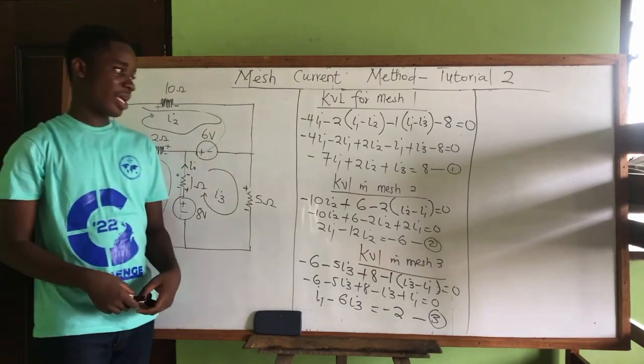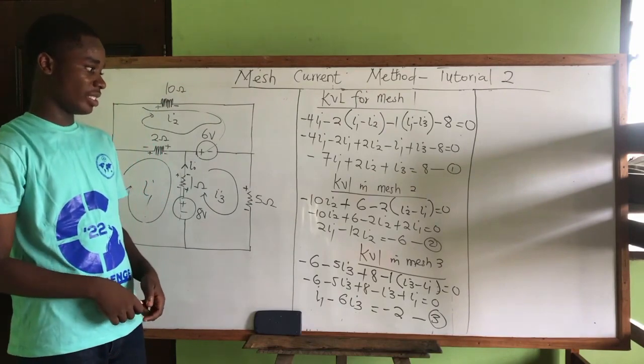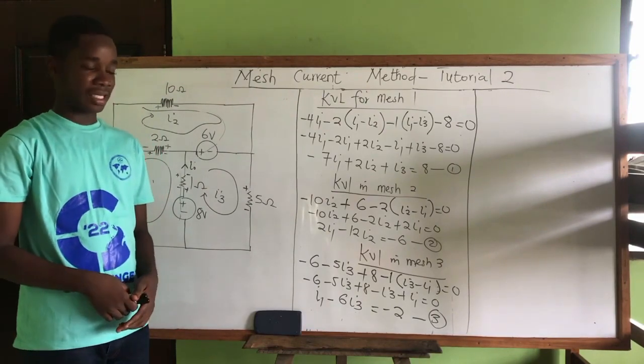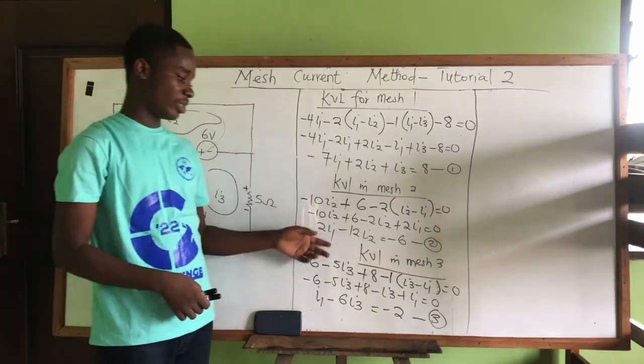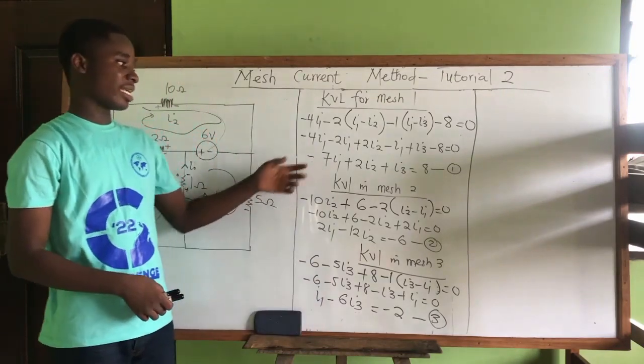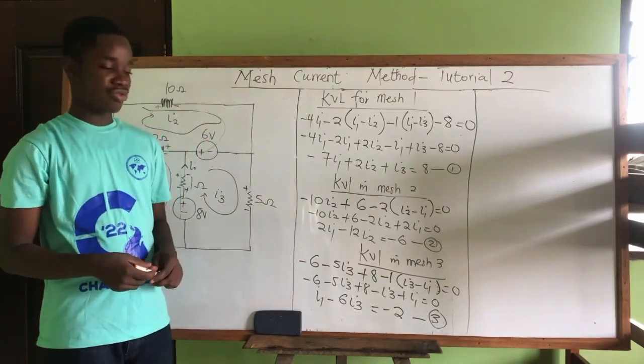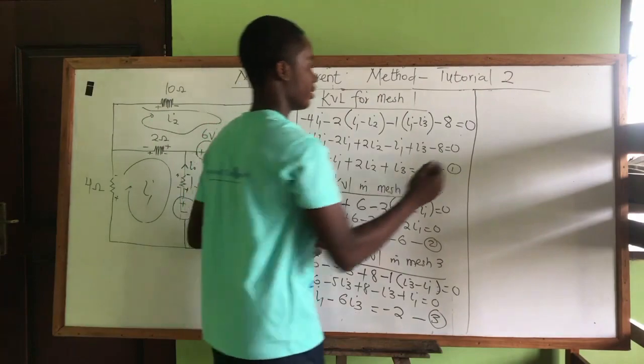So now we have how many equations? We have 3 equations and the variables are 3. So we can solve these 3 equations simultaneously and get our I1, I2, and I3.